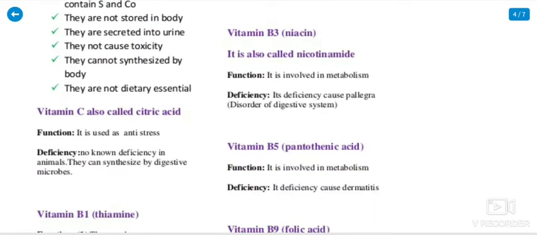And vitamin B3, it is niacin. It is also called nicotinamide. The function of B3 niacin is that it is involved in metabolism. Its deficiency causes pellagra, that means a disorder of the digestive system.